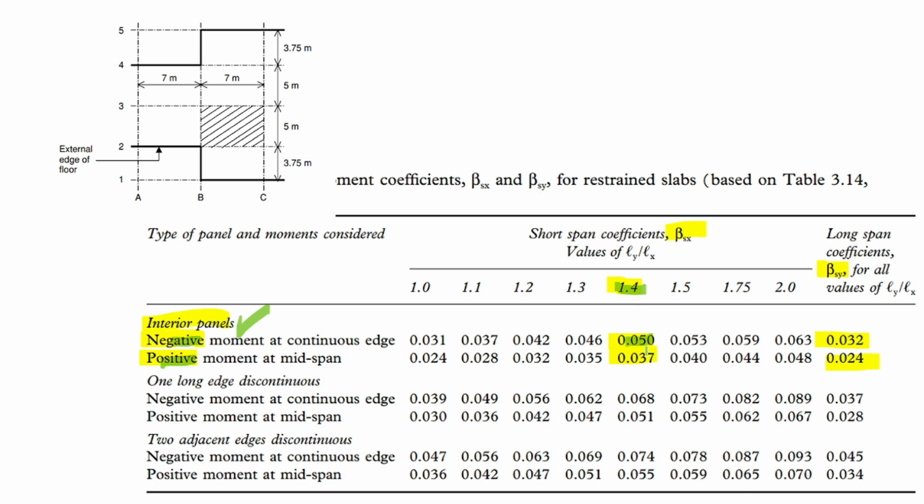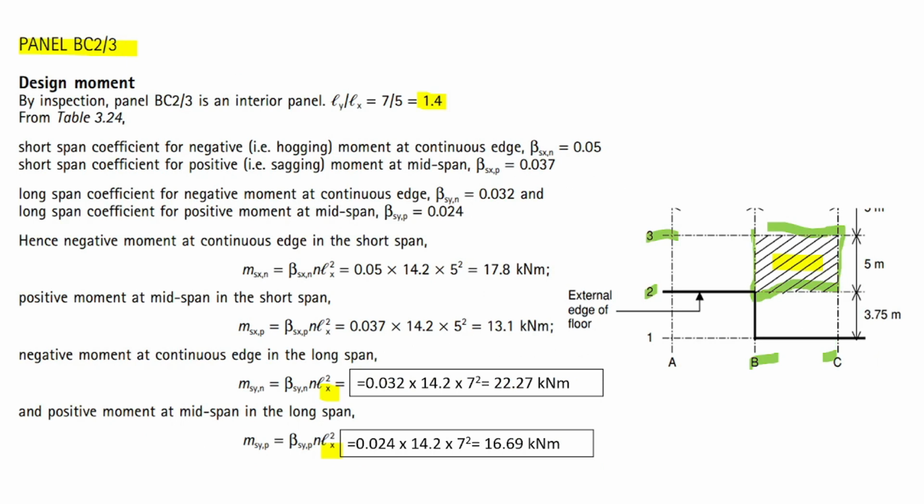This is the coefficient at the negative moment, at the support, and the coefficient at the positive moment, at the midspan, for short span direction. For long span direction, again, there are no specific values for each ratio, so it's fine. Now we take these values, 0.05, 0.037, 0.32, 0.24. It's from the table. You can check it by yourself.